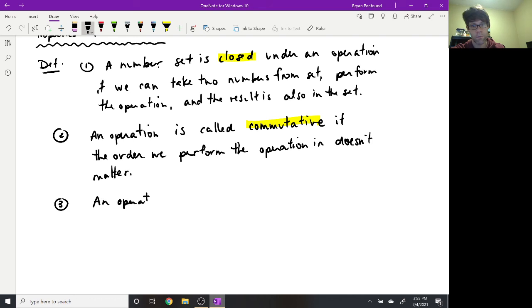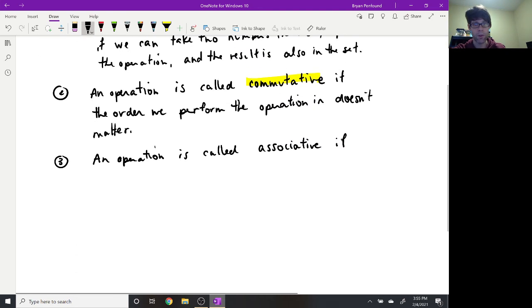So we say an operation is called associative if I take three numbers, and essentially it doesn't really matter in what order I combine two of the three numbers. This is a harder one, I think, for me to write down in words.